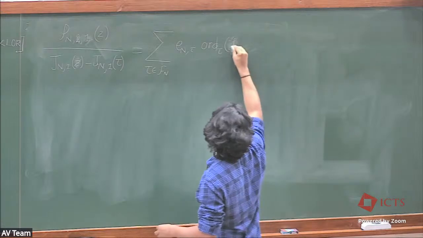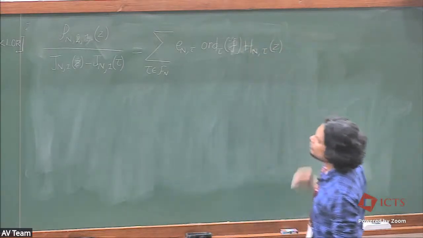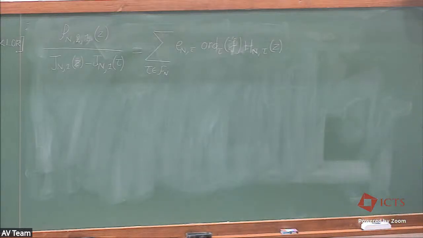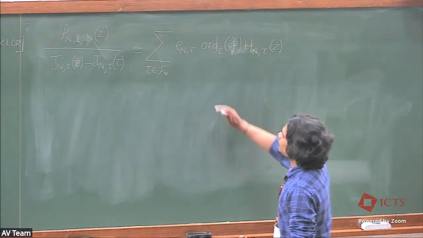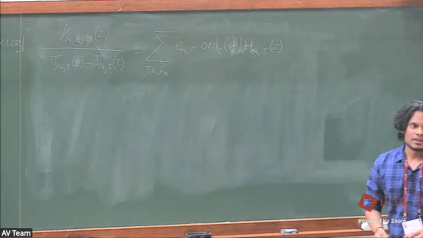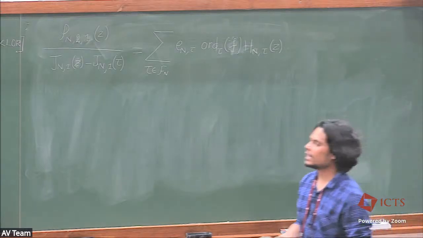Let me just write F. So this is the generalization of the BKO identity. Now we want to use this to prove the infinite product formula. So are there any questions before we do that?